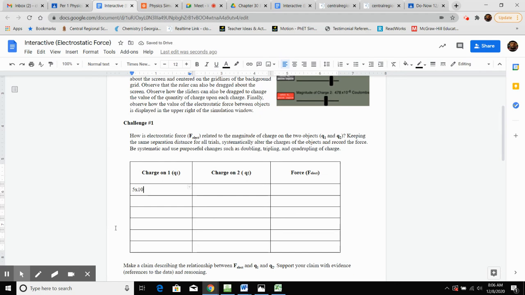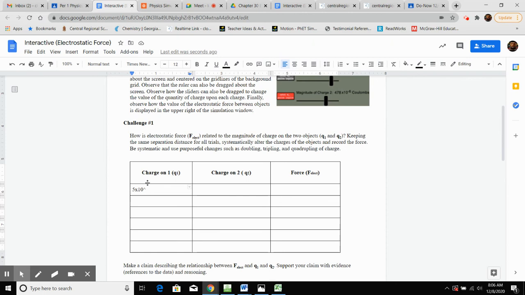Control comma works. Control period is not working on mine. Oh, that stinks. All right, you're just going to have to use the caret symbol then for now.